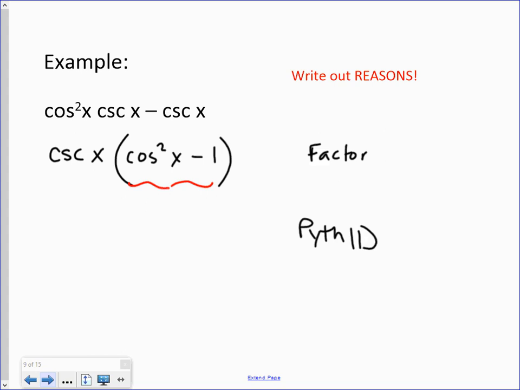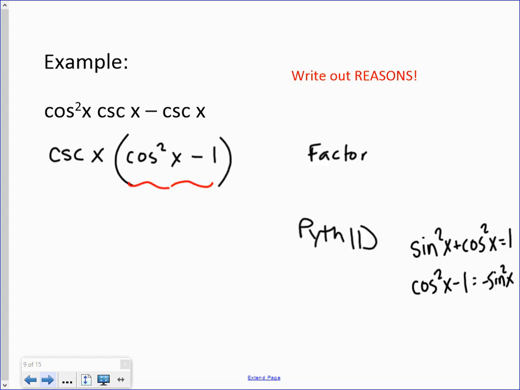Cosine squared x minus 1 is equal to what in the Pythagorean identity? Might have to do a little bit of work for that. Sine squared x plus cosine squared x equals what? Negative sine squared x. Subtract 1. So you have cosine squared x minus 1, and then you have to subtract sine squared.